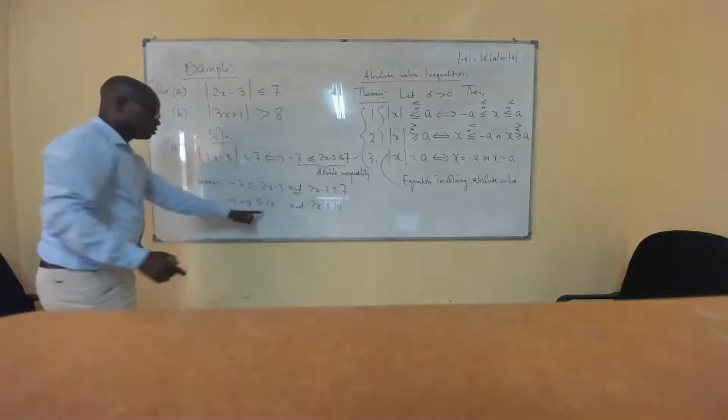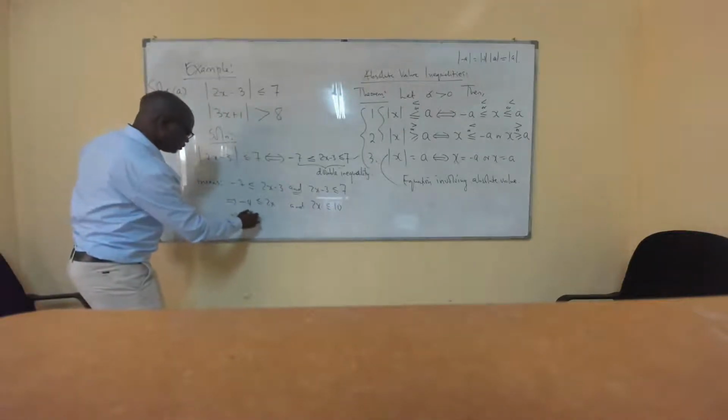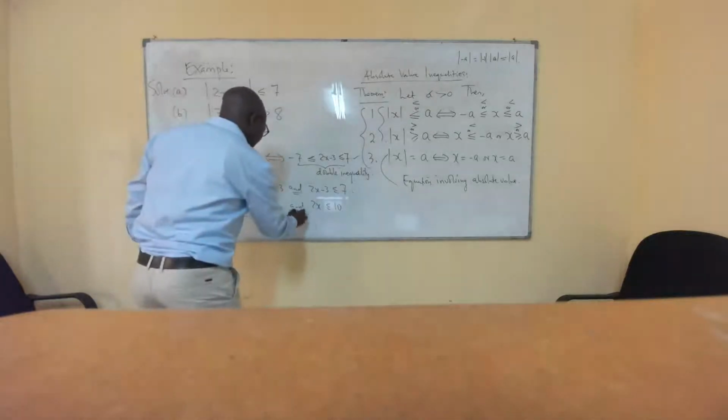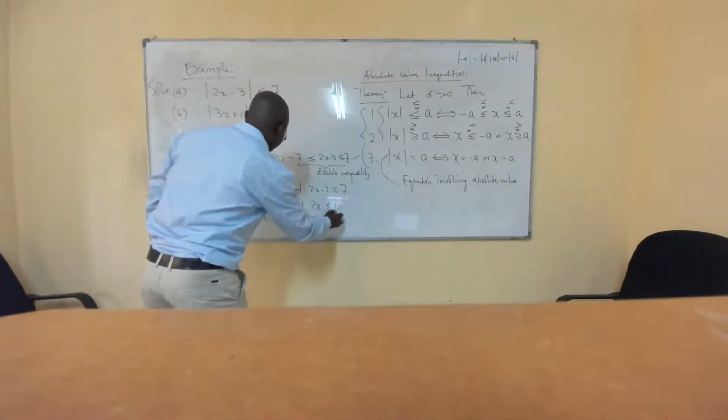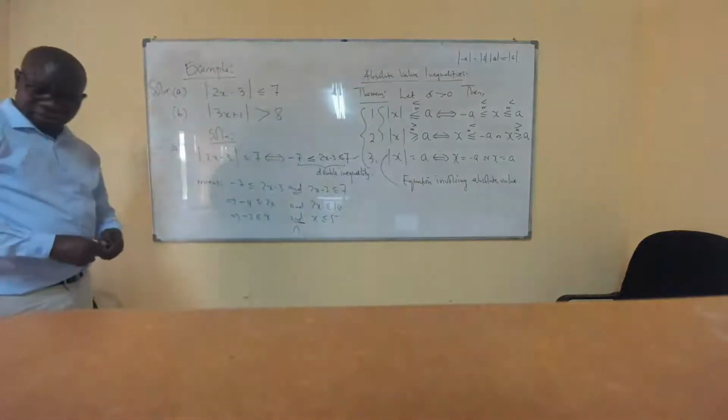Solving this by dividing by 2, we are going to have minus 2 is less than or equal to x, and x is less or equal to 5. But and is associated with the intersection, right?